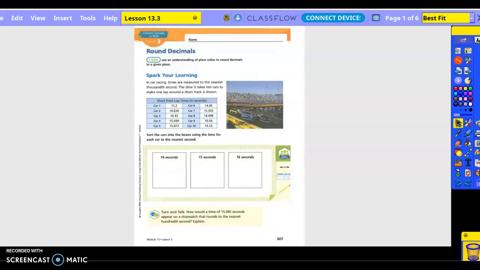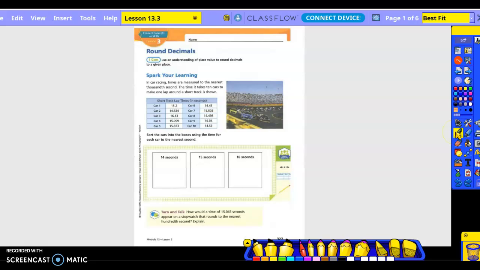So if I'm going to look at car number 1, I need to look at the ones, right? Let me rewrite these over here because that's hard to read. So 15.2.